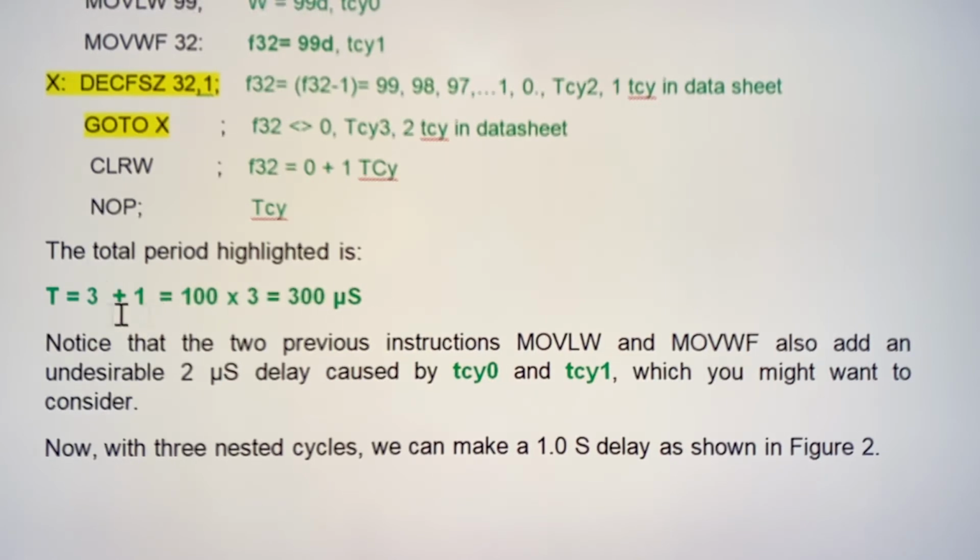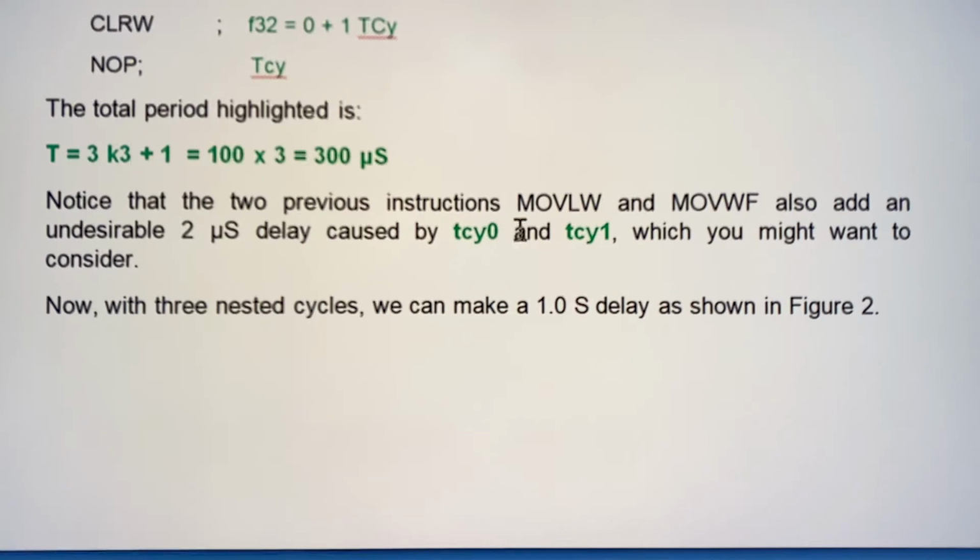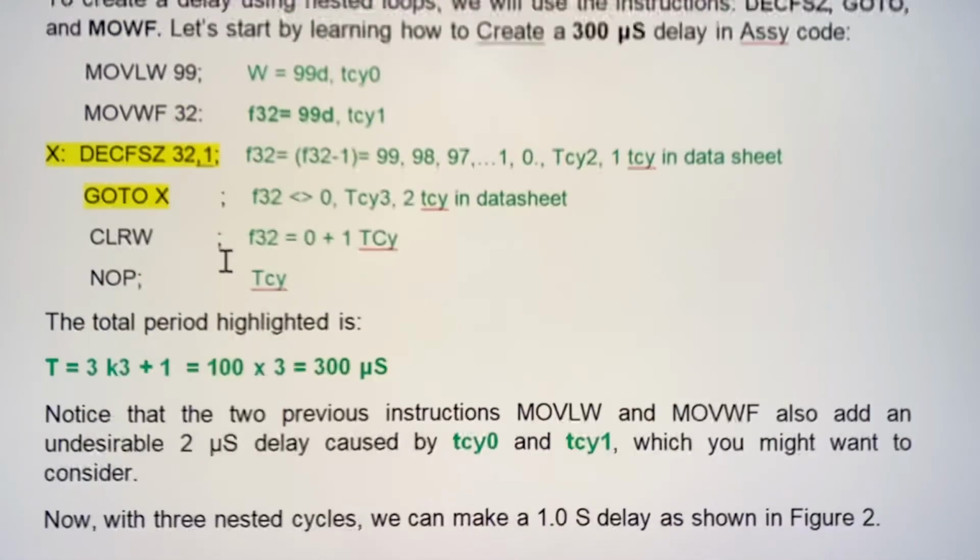I'm going to leave it here as K3, but we know K3 is equal to 99. And because counting starts with 0 and not 1, from 99 to 0, it is equivalent to 100 clock cycles. So notice that the two previous instructions, movlw and movwf, also add an undesirable 2 microsecond delay.